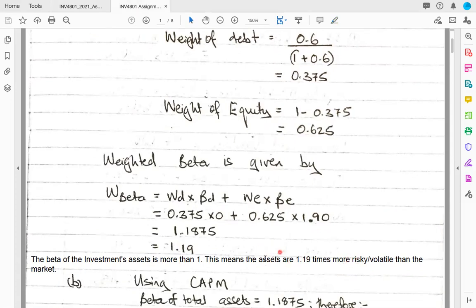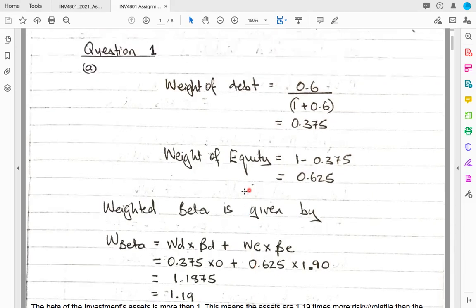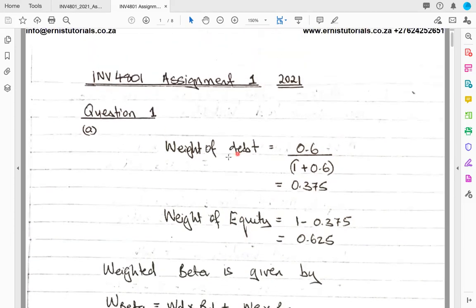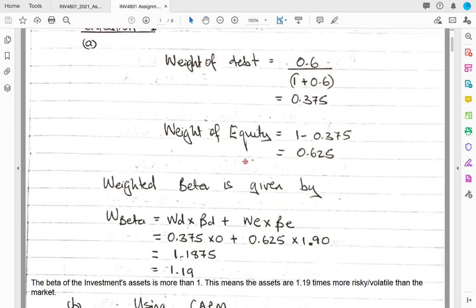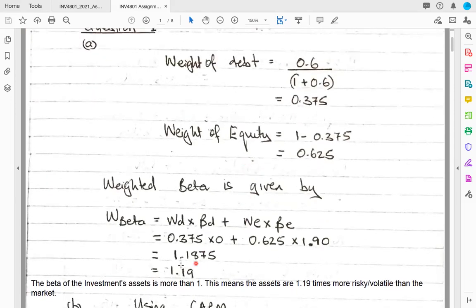Okay. So in other words, if we look at this company, Rosetta Investments, because the beta associated with the sources of finance which are used to finance the assets is more than 1, this means the assets are 1.19 times more risky or volatile than the market.